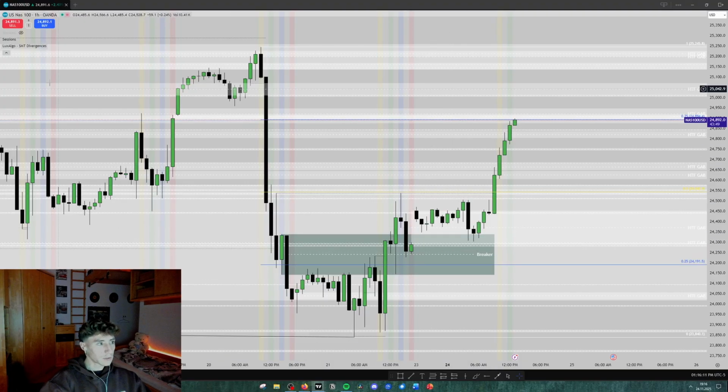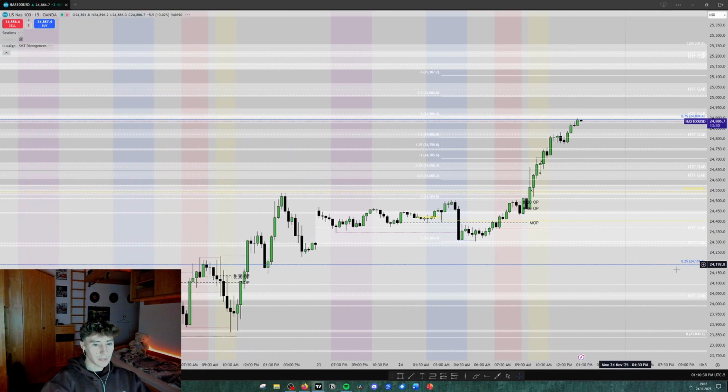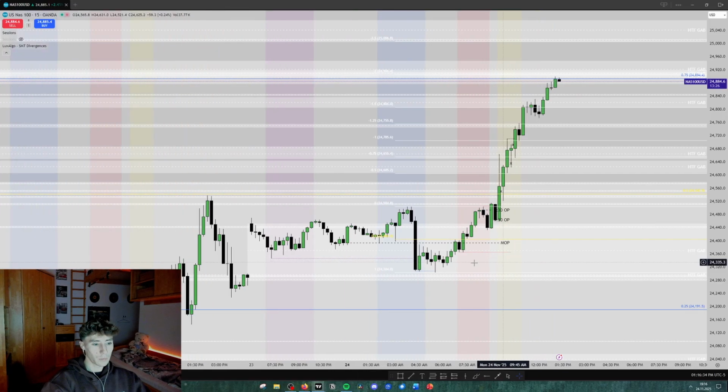And what's also really interesting is the fact that we took out Asia lows and London lows, so therefore we have a market maker buy model within the 1 hour chart, and also right here with our sessions. On the 50-minute chart, it's more obvious to see it. So right here we took out Asia lows, even London lows, and then we are trading higher.